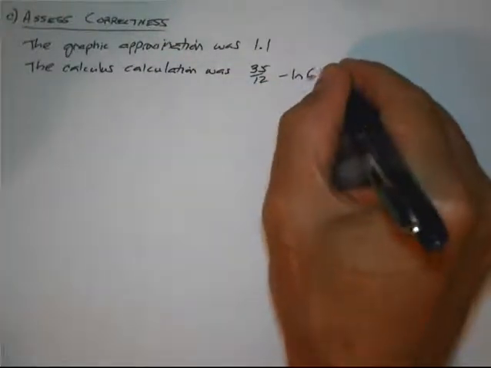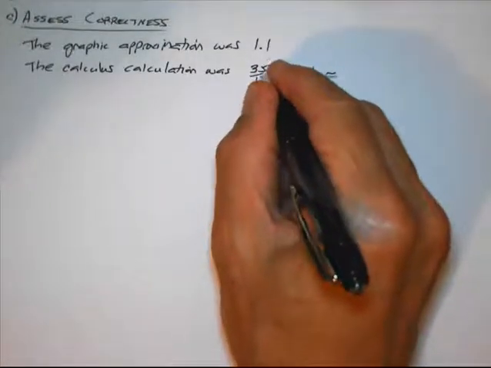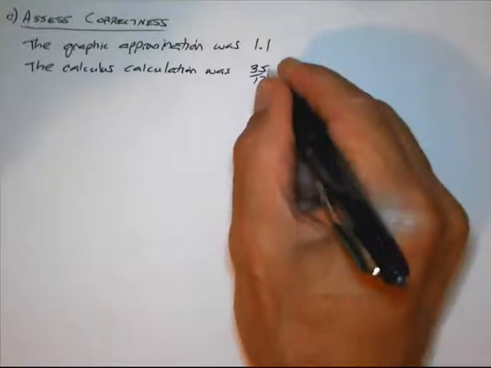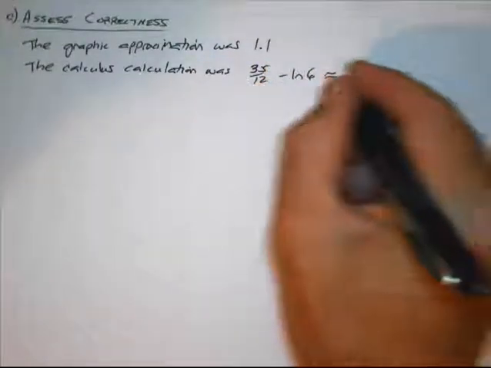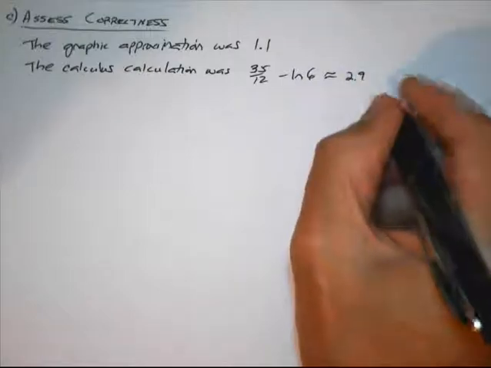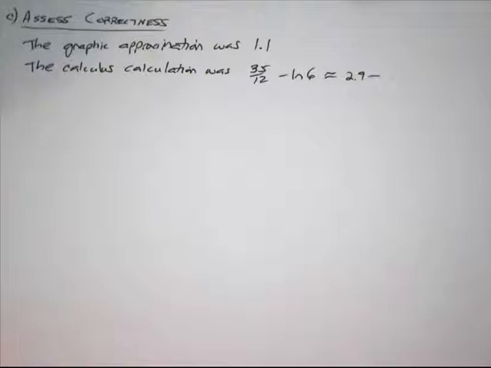Let's see, 35 over 12. Without actually doing the long division, that's really close to 36 over 12, which is 3. 1/12 is really similar to being 1/10, so calling that 2.9 is very close. And now this natural log 6, what about that?